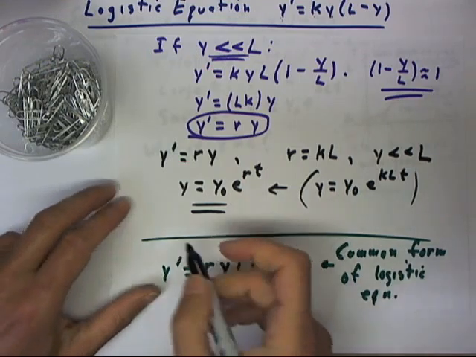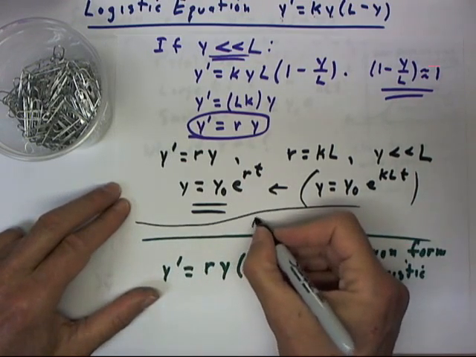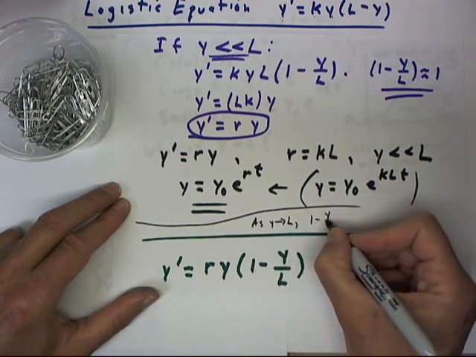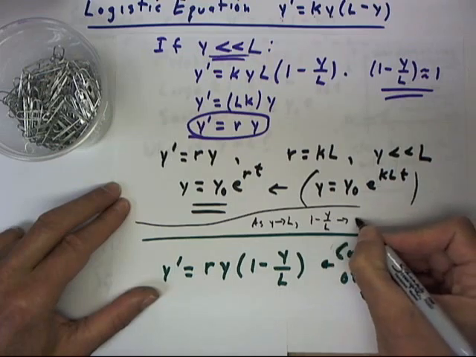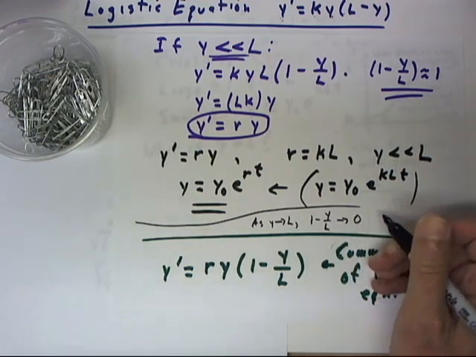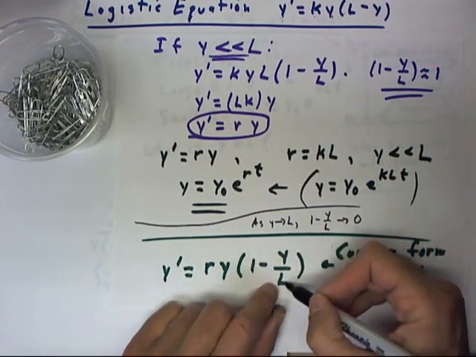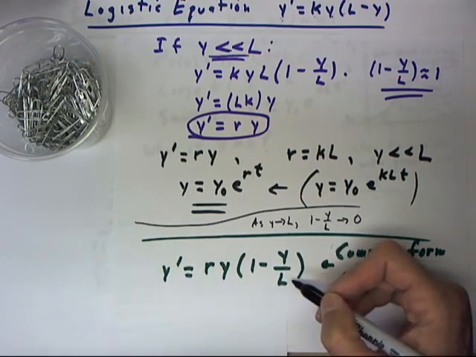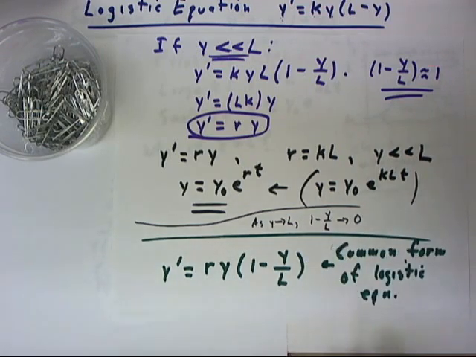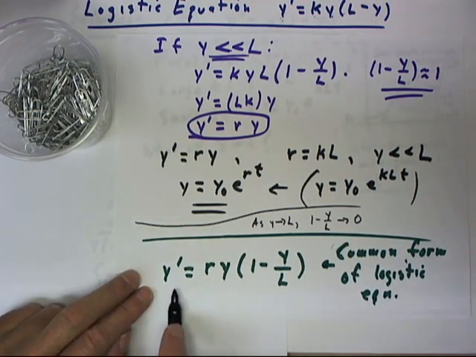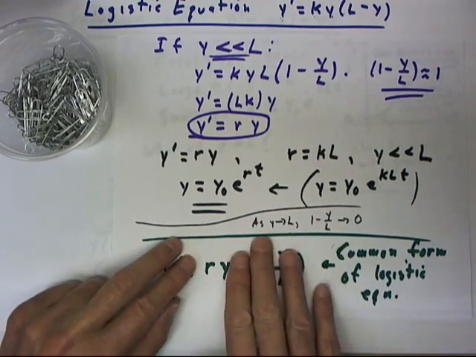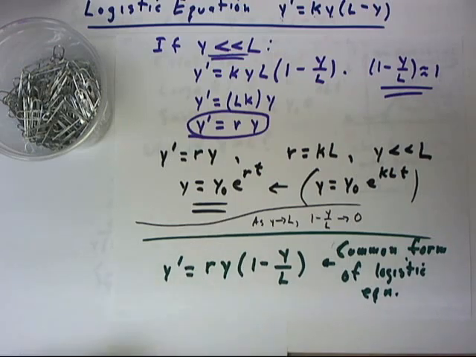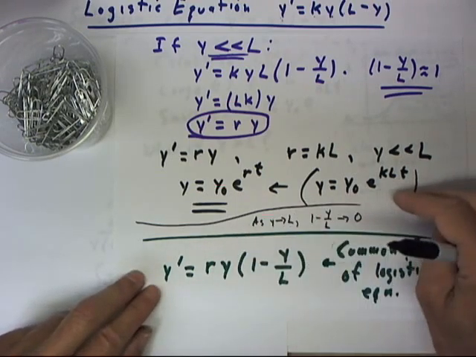As y approaches L, y over L approaches 1, and 1 minus 1 is 0. So this type of exponential growth that we started with ceases. The growth rate approaches 0, and our function levels off.